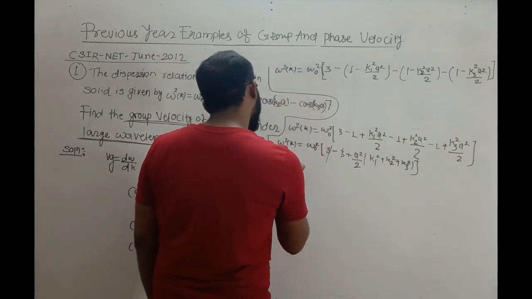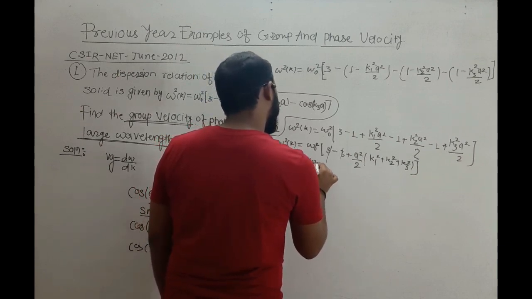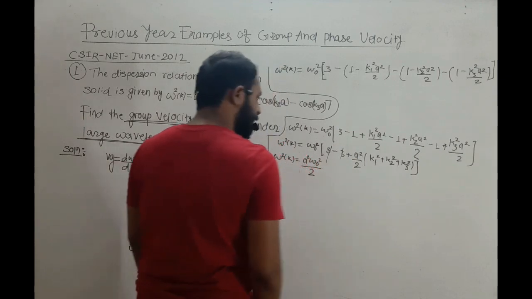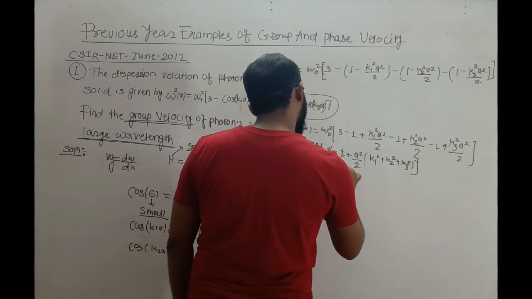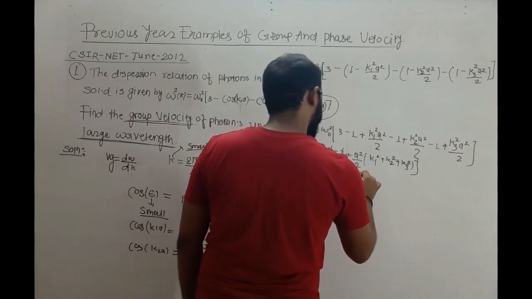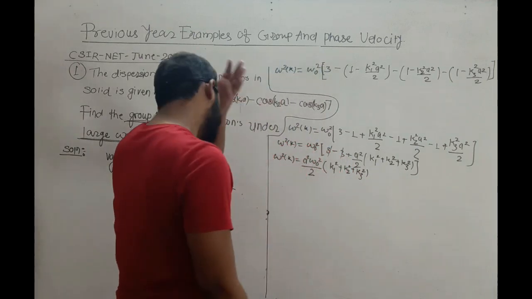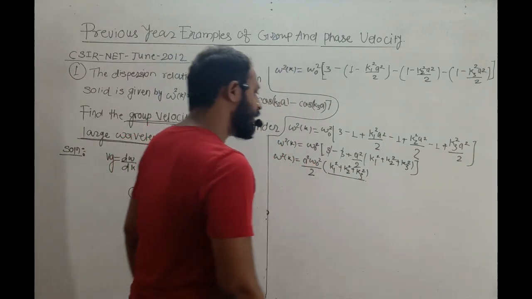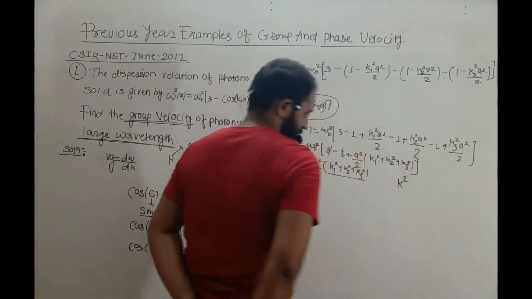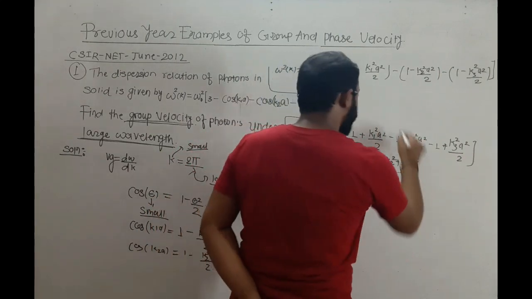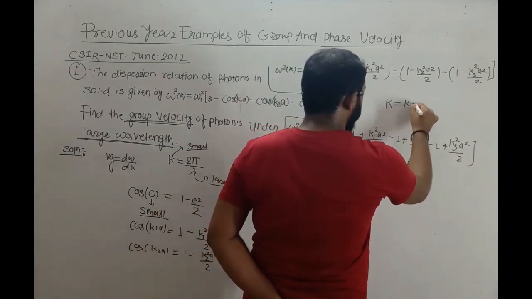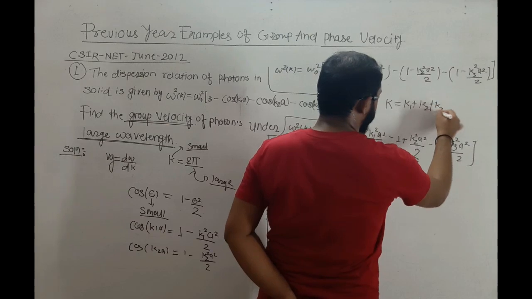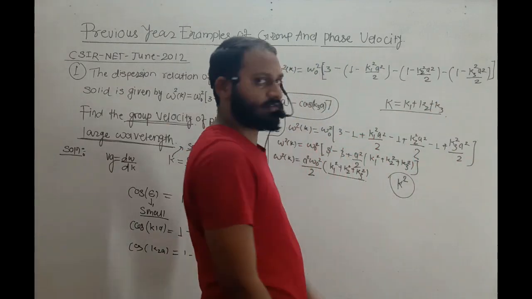Now see, omega square k equals omega naught square, this is a constant, and a square by 2 is also constant. Then what you have is k1 square plus k2 square plus k3 square. Now in place of this, I can write k square, because k is nothing but k1 plus k2 plus k3, just like we write r equals x plus y plus z.